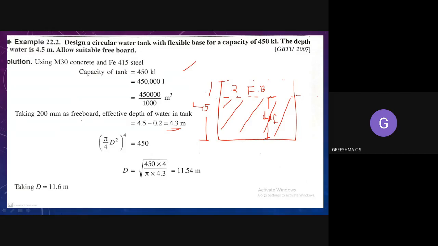Now coming to the next thing, you need to find out the diameter of the circular tank. We don't know how much the diameter of the circular tank is. Since it is a circular water tank, we will have a diameter. So how can we find out the diameter of the water tank?